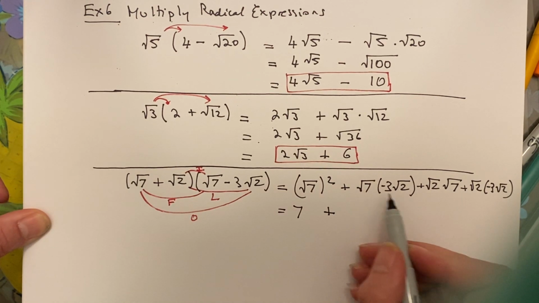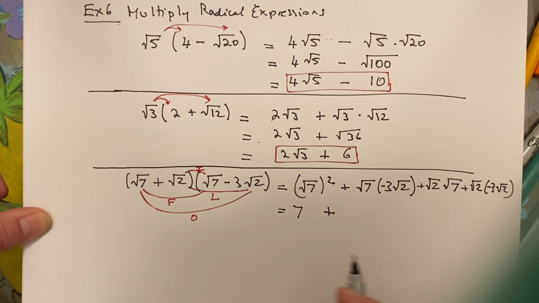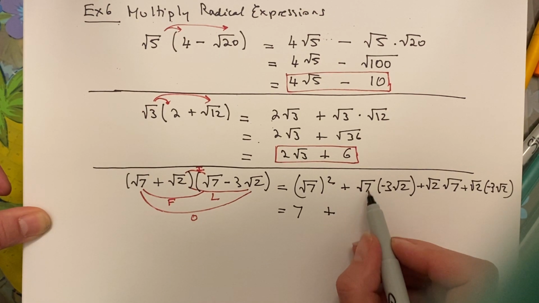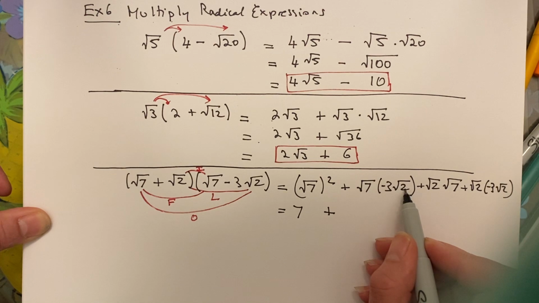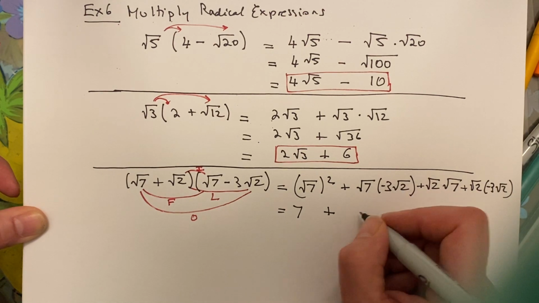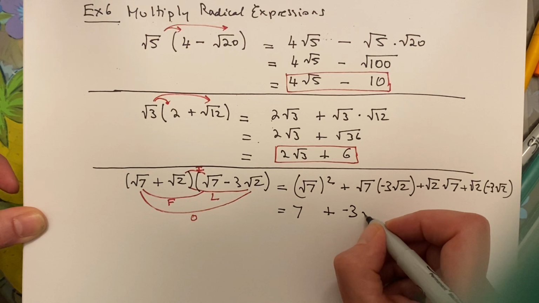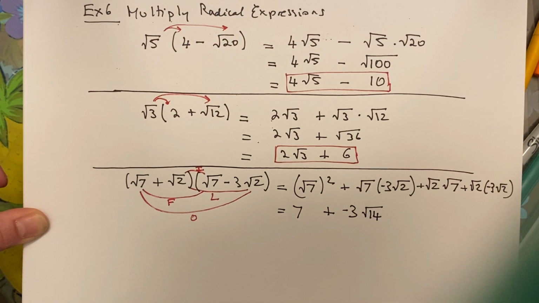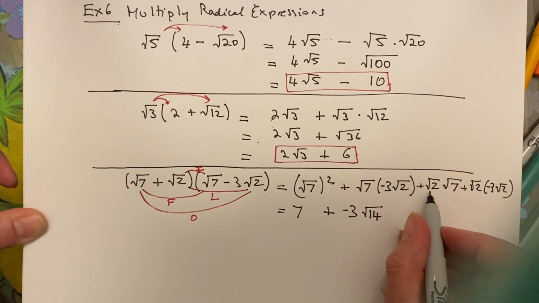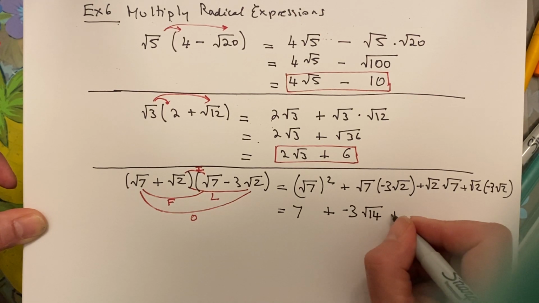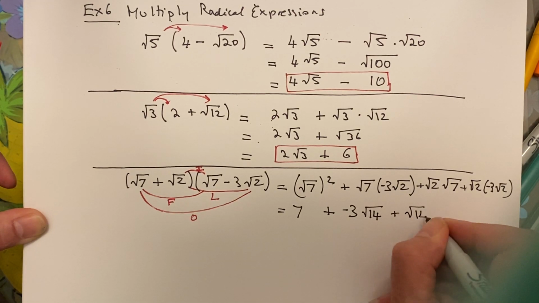Then I have the square root of 7 times negative 3 times square root of 2. Well, I have two radicals, square root of 7 times square root of 2, and those can be combined. So the negative 3 stays outside, but I get negative 3 square root of 14. Then I have square root of 2 times the square root of 7. Well, that also becomes the square root of 14.